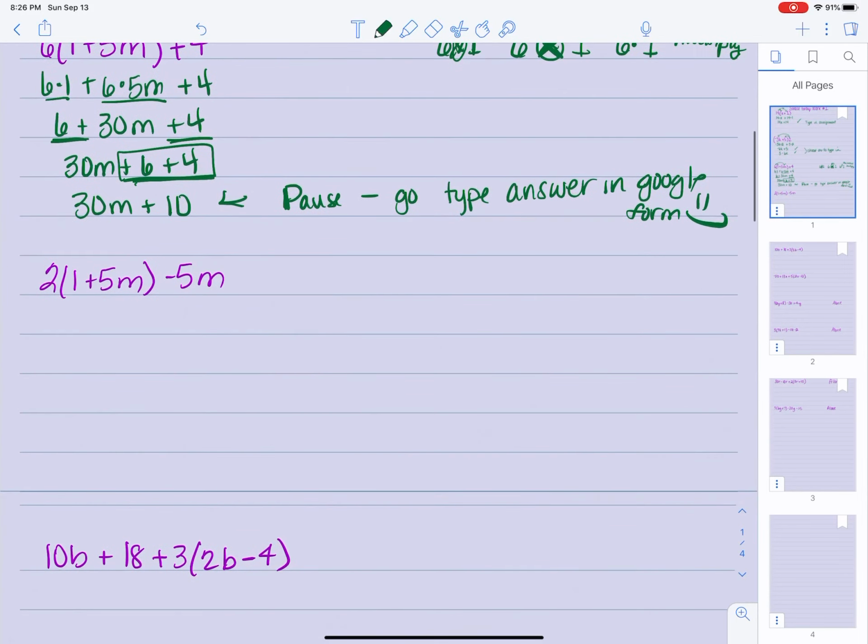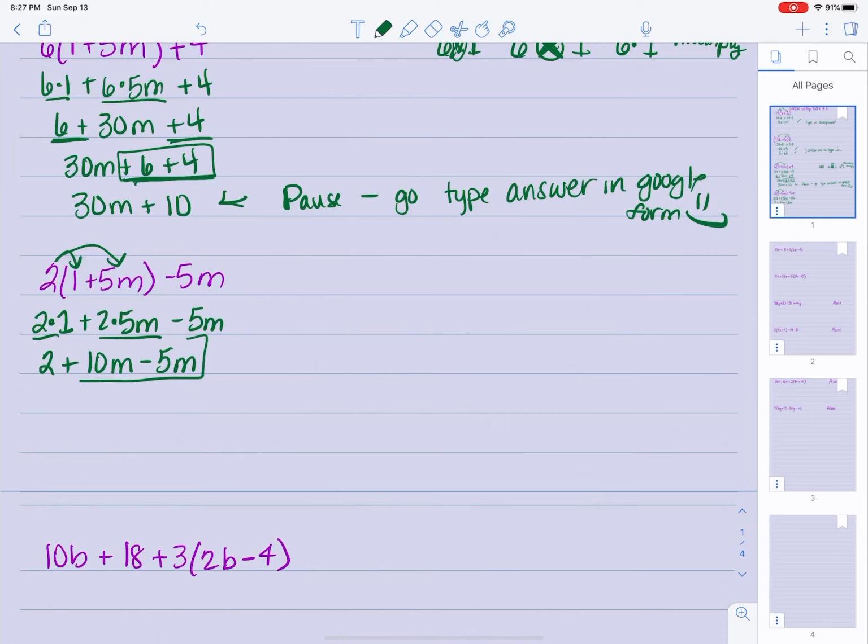We will do another one. So thank you for coming back after typing in your answer. We're going to continue. 2 times 1 plus 2 times 5m. Bring down the 5m that's all alone. Multiply first. 2 plus 10m minus 5m.